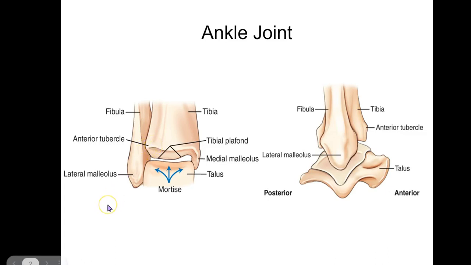Okay, and again, it overlaps part of that distal fibula as well as the talus. The distal tibial joint surface, here again, forms the top or the roof of the mortise joint and is called the tibial plafond. We already learned that. And certain types of fractures in children can involve that tibial plafond.